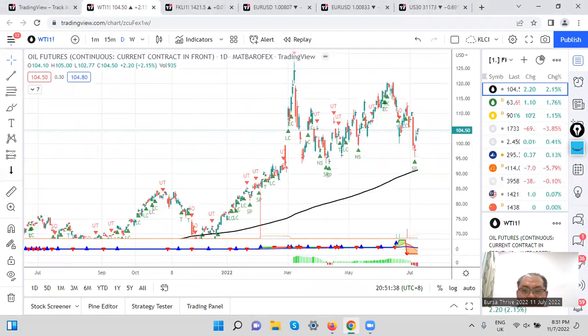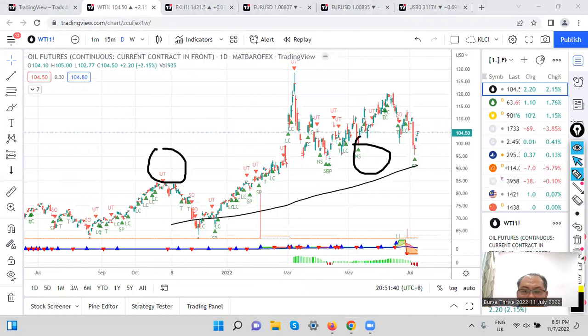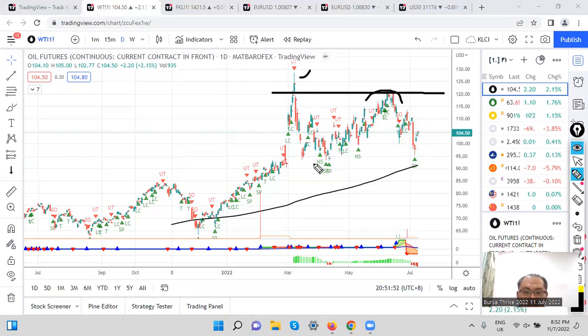If the oil is to go up, I think it is unlikely, because you already formed a second high here. You have a pullback drop until here, then you drop again.